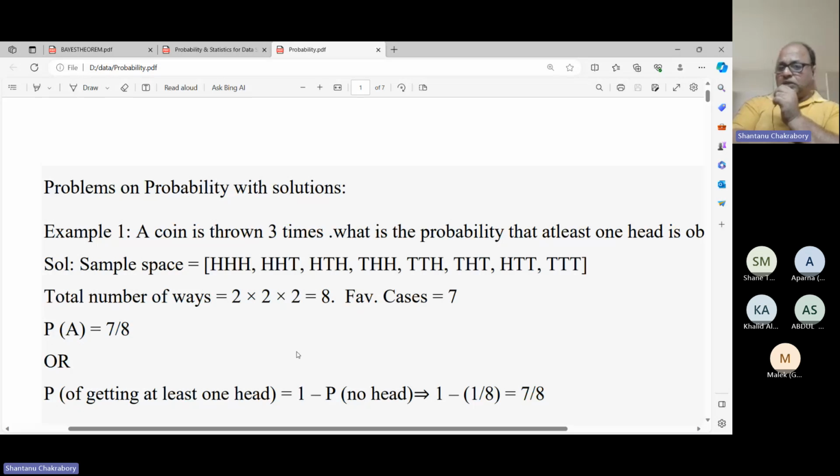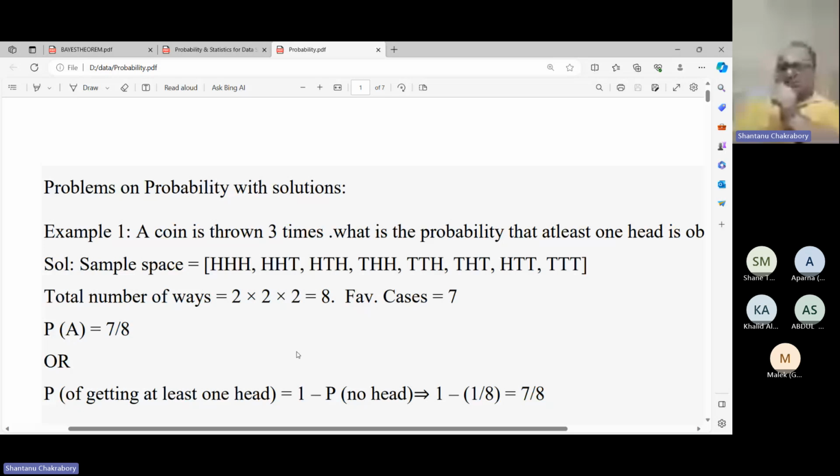Now, out of these 8 outcomes, there are 7 outcomes where you have at least one head. So the probability of getting at least one head out of the total outcomes is 7 by 8.